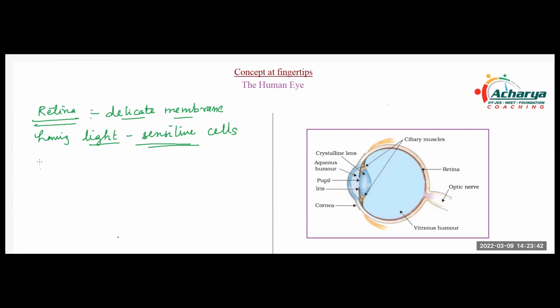The light sensitive cells in the retina get activated upon illumination by the outside light.